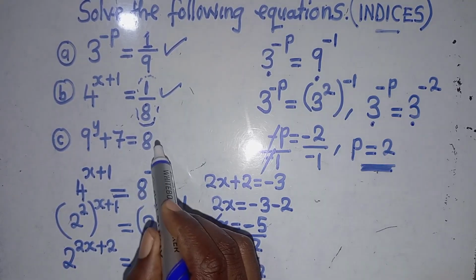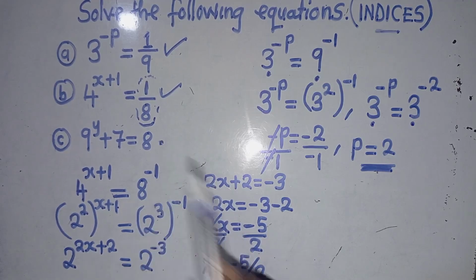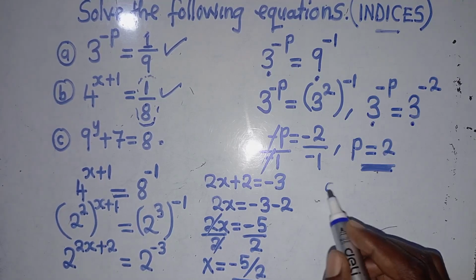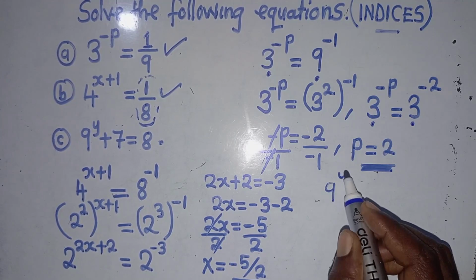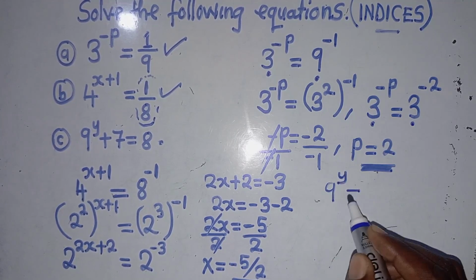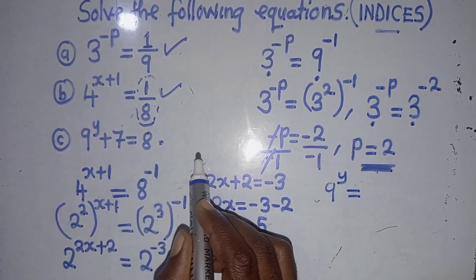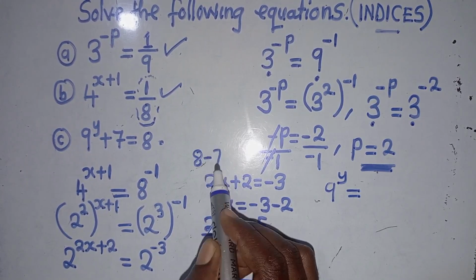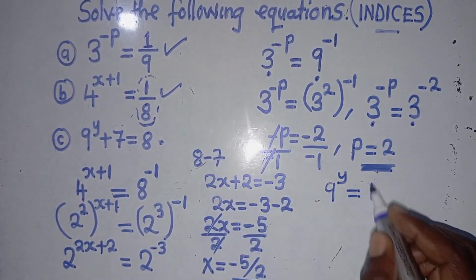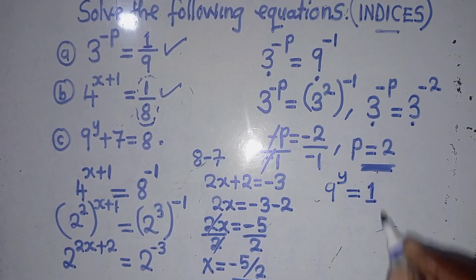You can try out this particular question and see the answer you are going to get. I'm going to help you; we will be answering this together. So 9 to the power y is equal to 8, and when this 7 comes inside, we have 8 minus 7, which is just the same as 1.